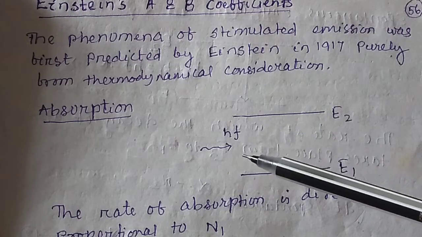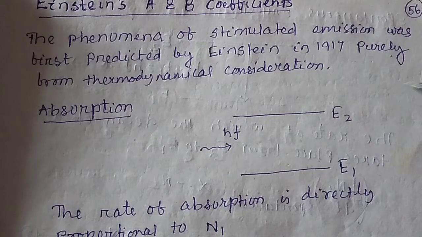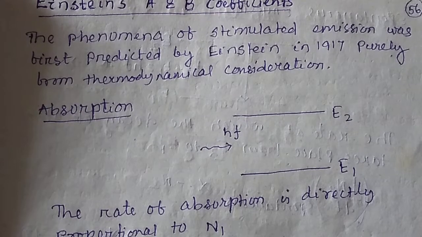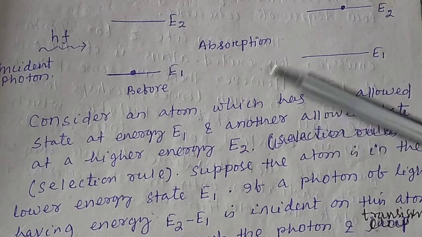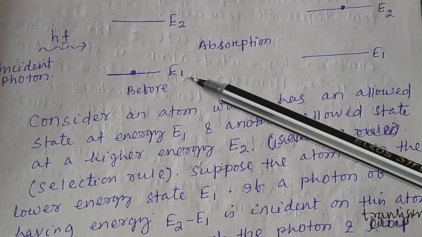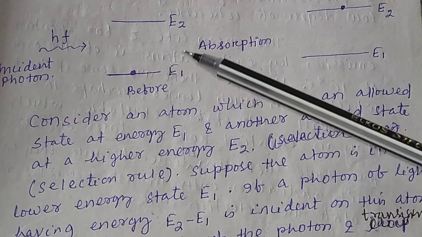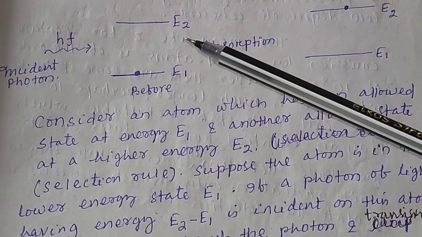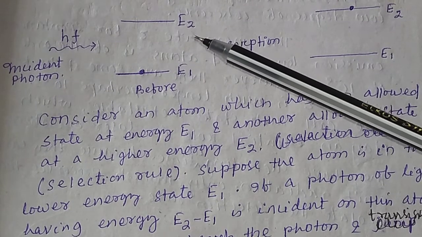Now we will discuss absorption first. What happens in absorption? Suppose you have two energy states of the atom. One is E1, which is the lower energy state, and another is E2, at the higher energy state.